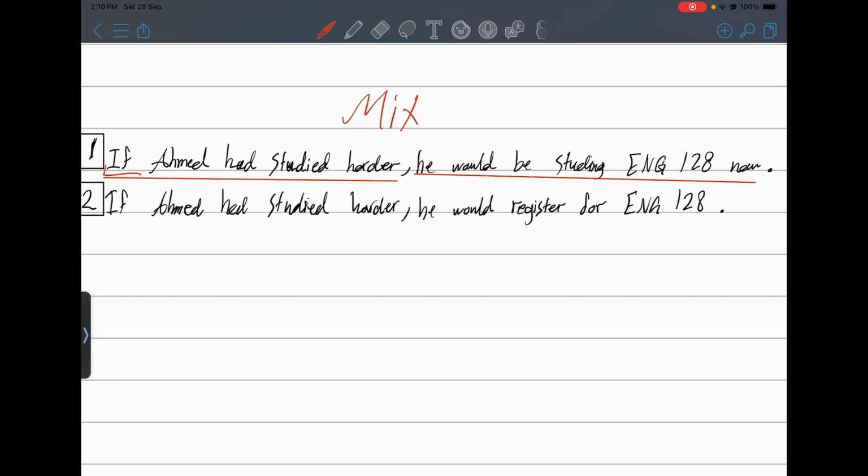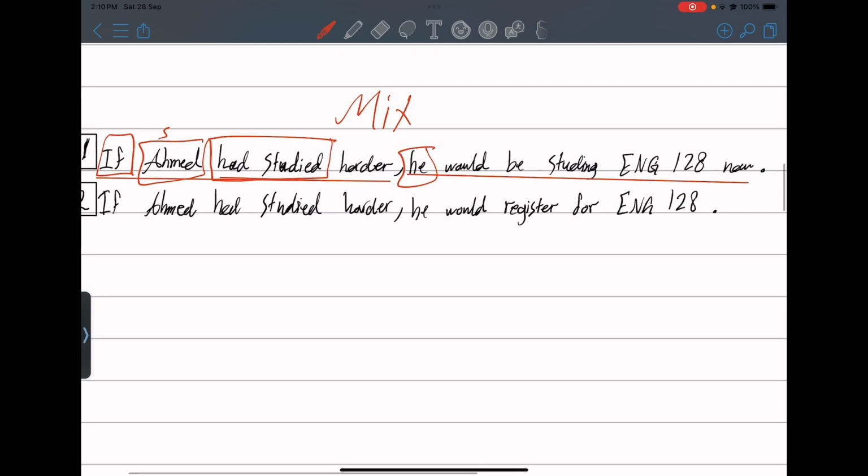So we have if, the main thing, and the subject. And we have had and past participle. And here we have the subject, and we have would be. It is present continuous with the ing. Don't forget the comma.